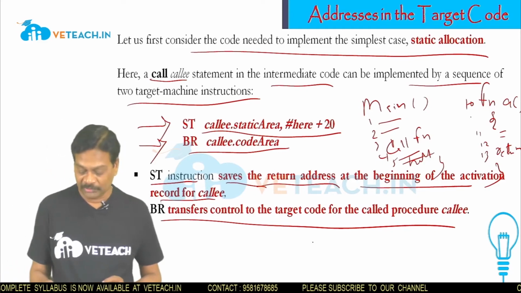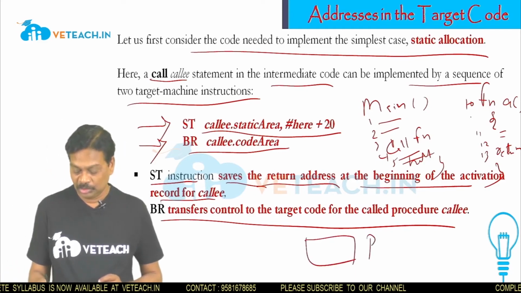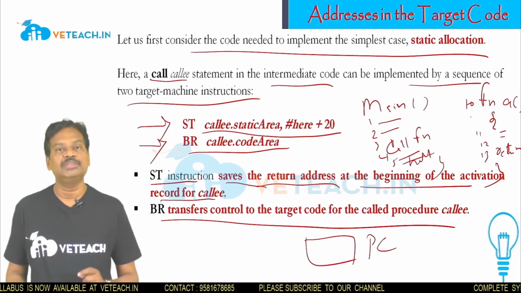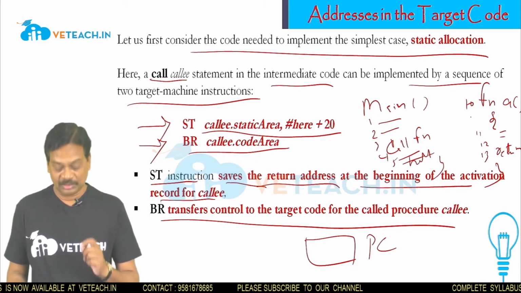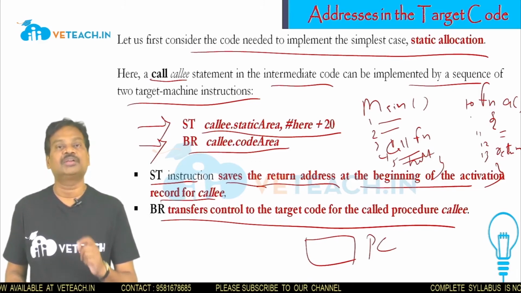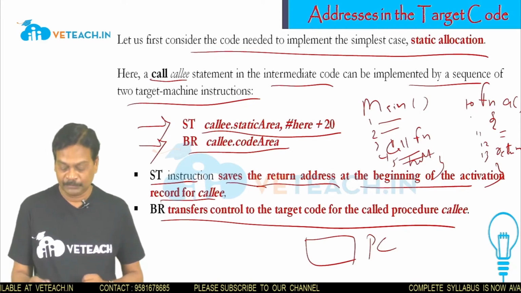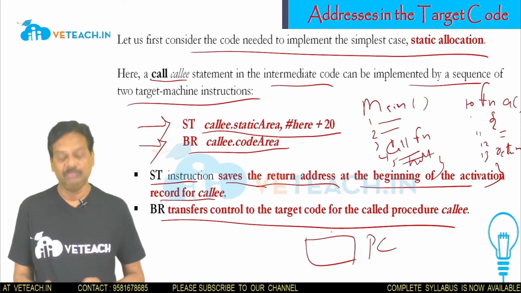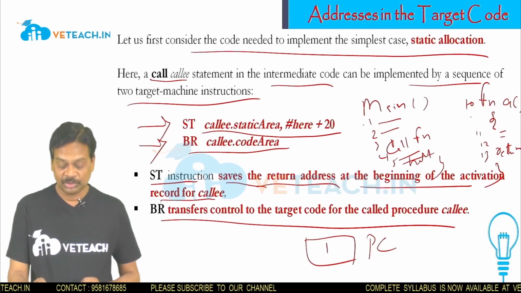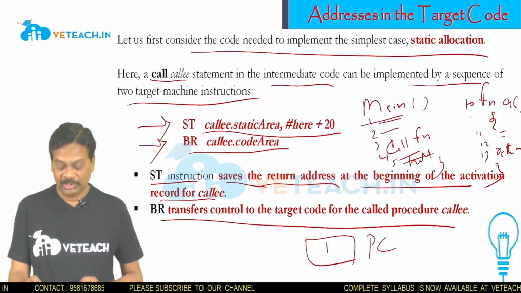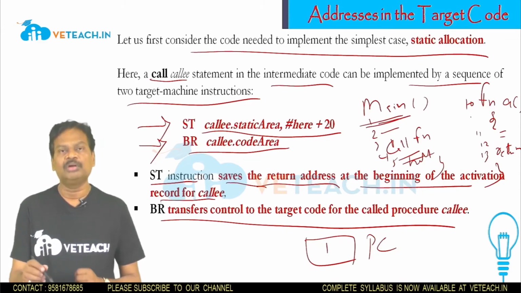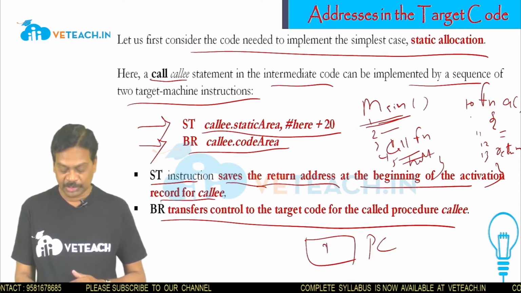Here from main program to subprogram, how is it stored? The program counter always keeps the address of the next instruction going to be executed. For example, initially we start with 1. While 1 is executing, the program counter value is incremented by 1, so it becomes 2.